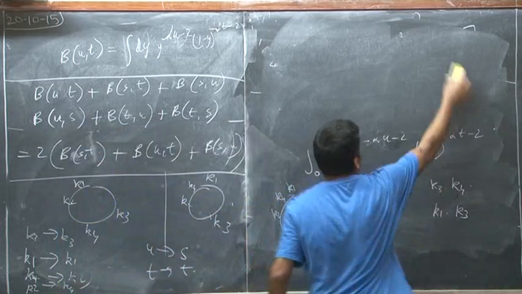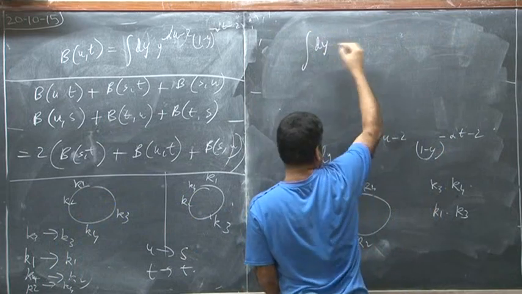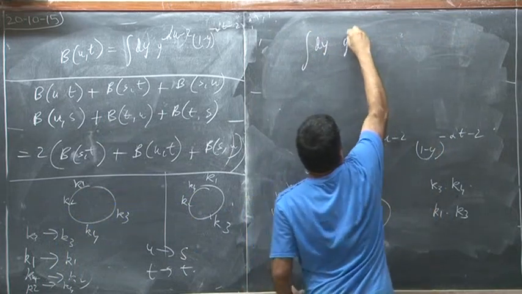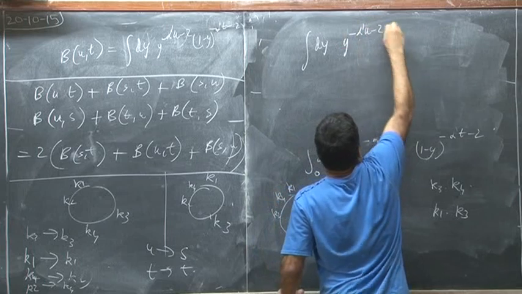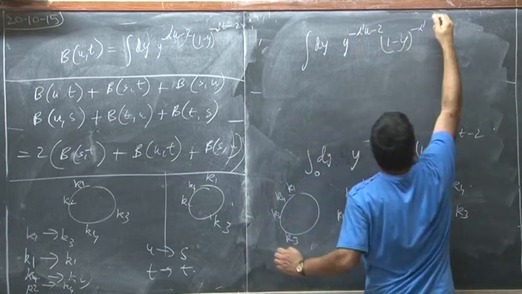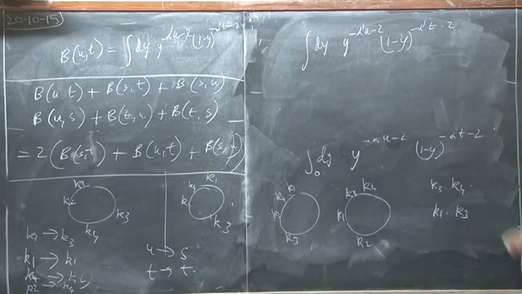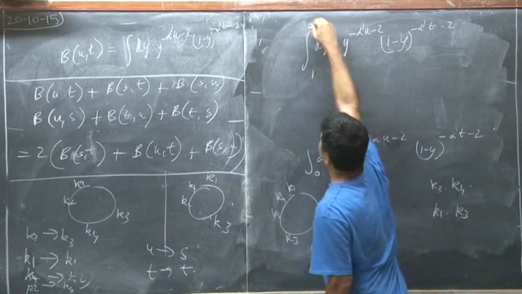That's the question of whether the integral of dy, y to the power minus alpha prime u minus 2, times y minus 1 to the power minus alpha prime t minus 2, I'm doing this integral now between 1 and infinity.